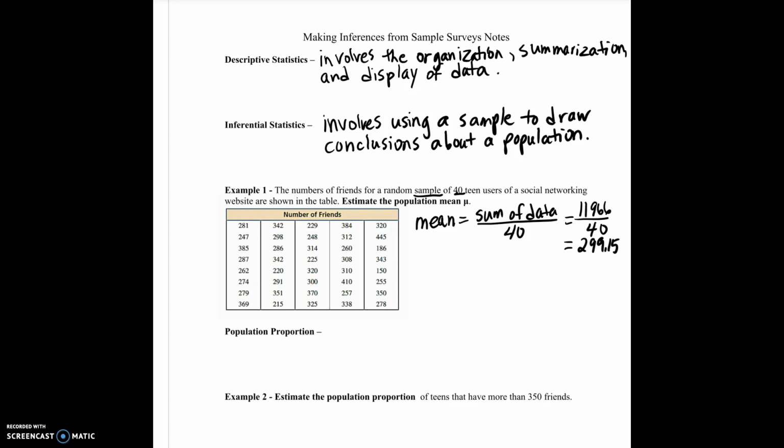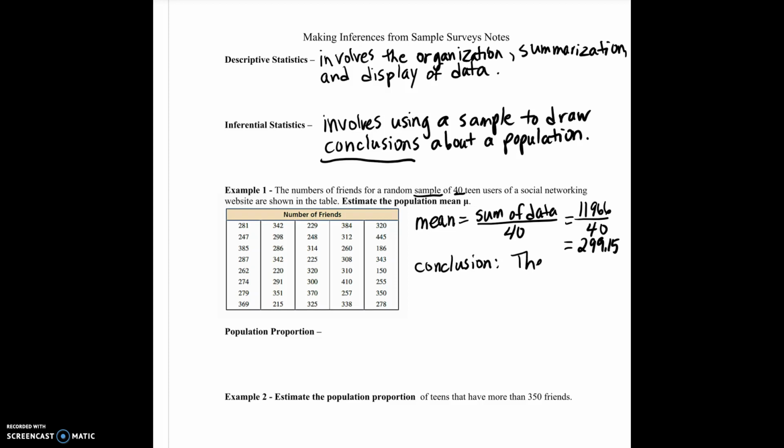We're going to make a conclusion, like we talked about with the inferential statistics, about a population. So we're inferring, we're making this conclusion that based off of this sample of 40, we can conclude the whole population has about that.